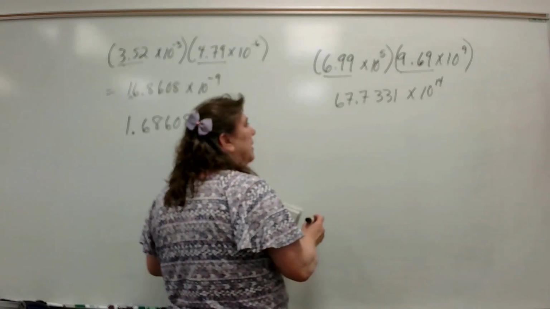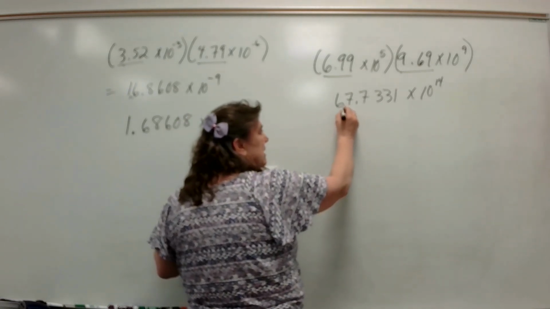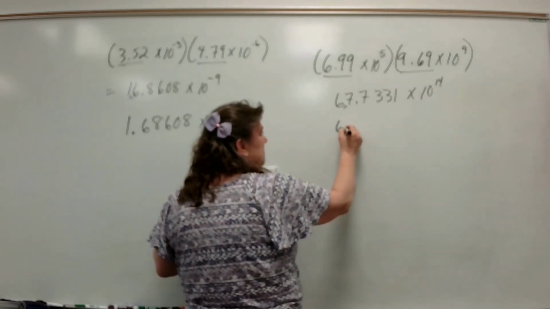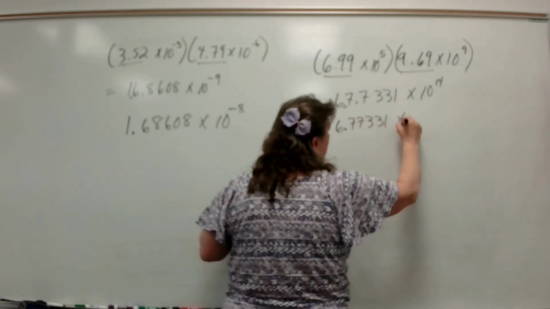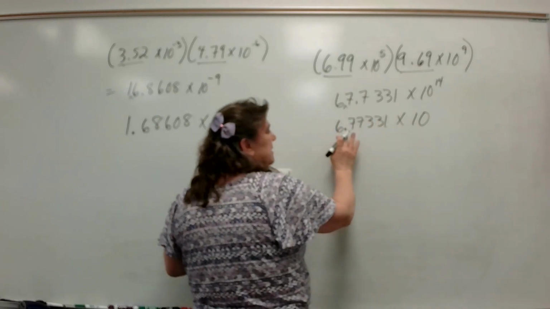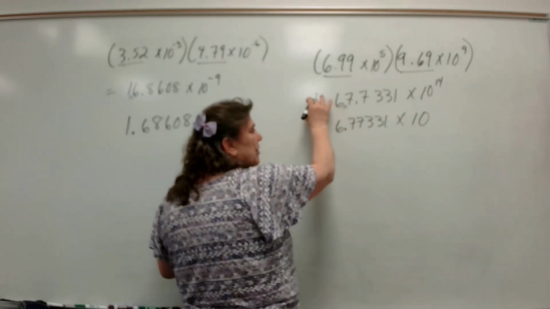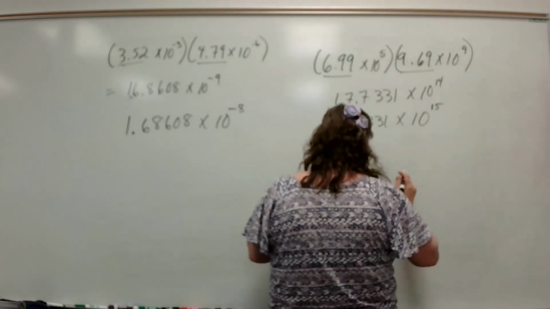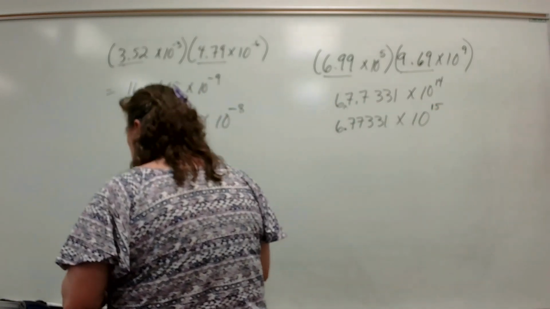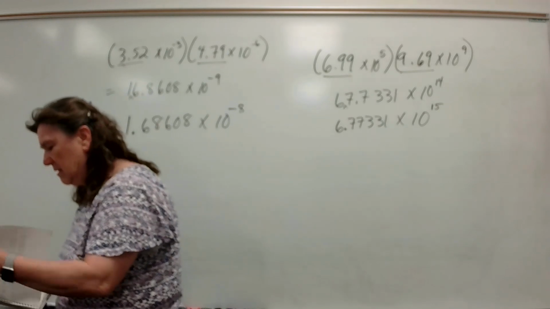Now, what's going to happen here? It's not scientific. I have to put 6.77331 times 10. This is smaller than that. The original is larger than the scientific. Therefore, increase by 1 is 15, because I moved the decimal one place.